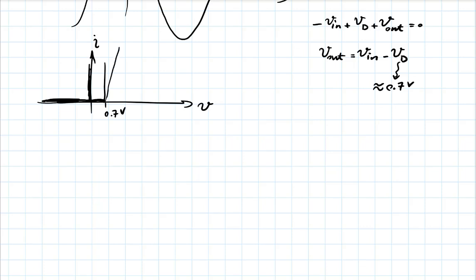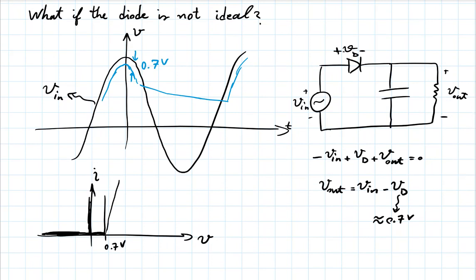It's pretty steep. So for a large change in current, you need very little variation in voltage. But nonetheless, there are some variations. If you factor that in, then the output curve will not be a constant 0.7 below the input.